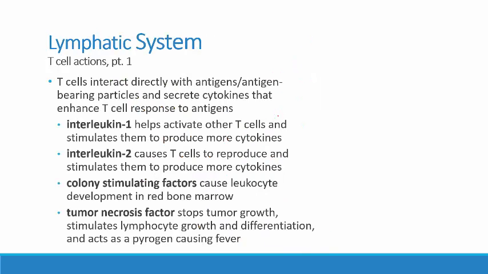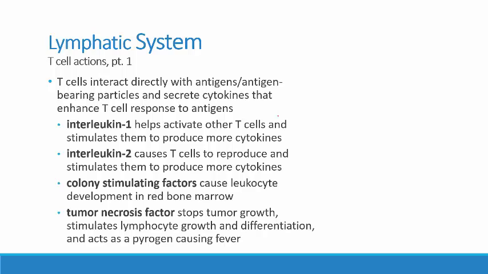So T cells will interact directly with the antigen or the antigen-bearing particle. So proteins found in the blood could be antigens. So if we have a bacteria, let's say, and it's producing a toxin in the blood, then that toxin may act as an antigen, or the bacteria will be the antigen-bearing particle.